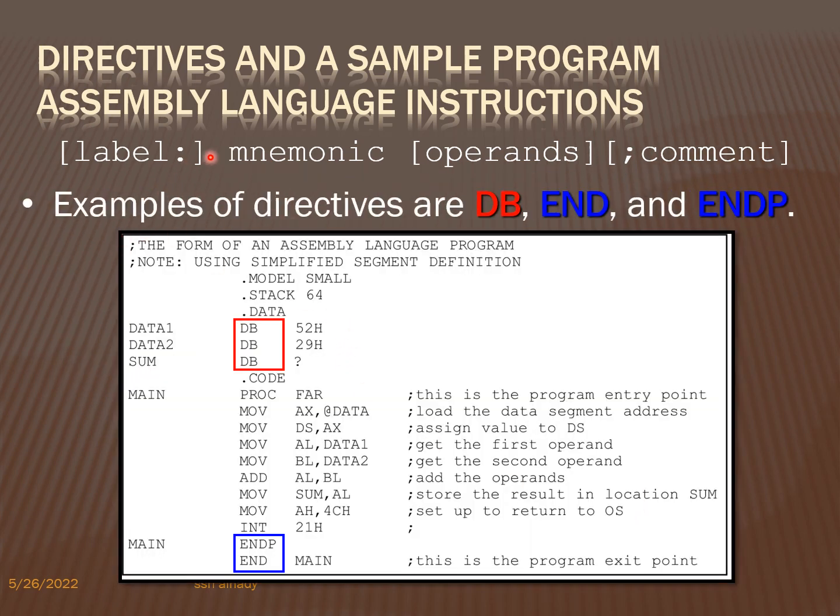This is the example of an assembly language instruction, where we look at what we mean by directive. Here, these are considered directives, and also PROC, procedure actually, and END.